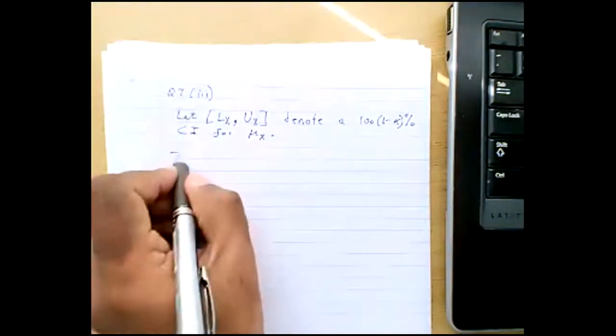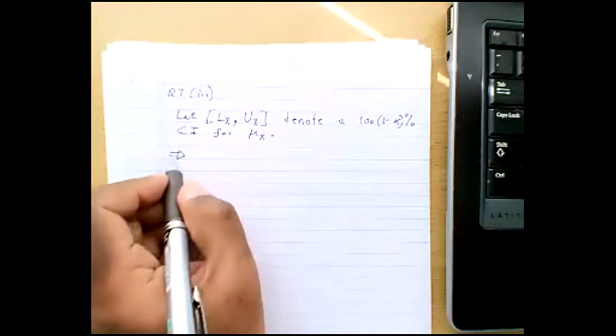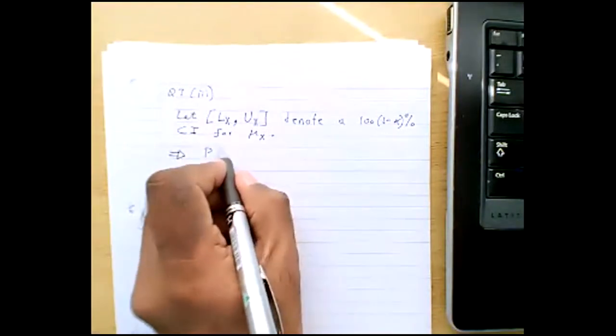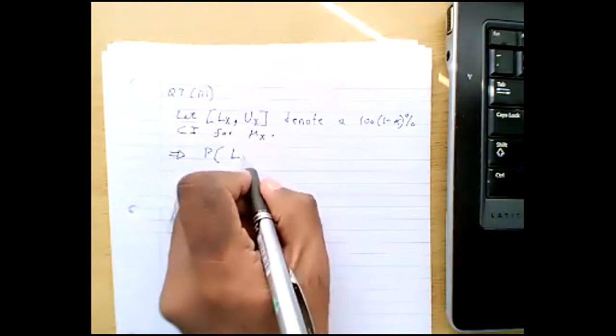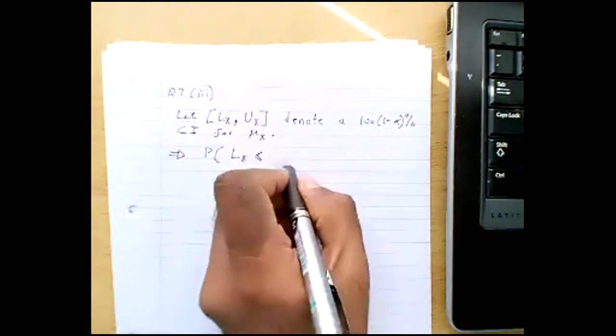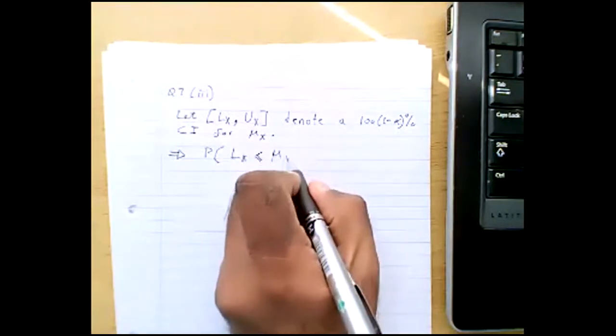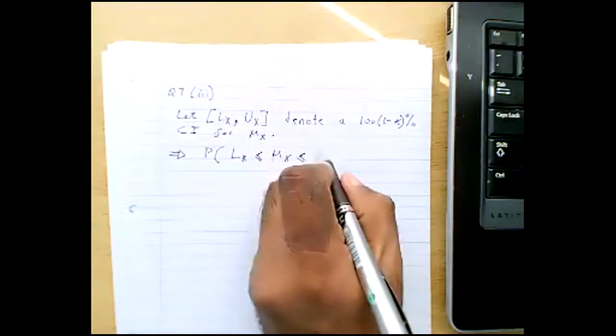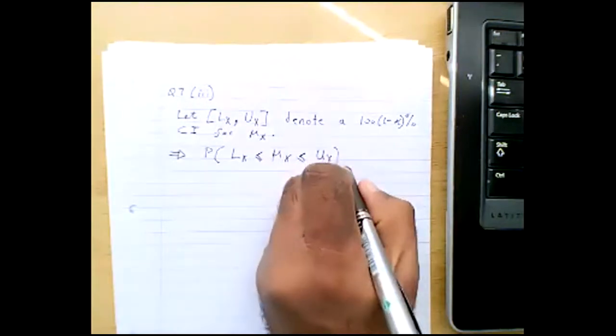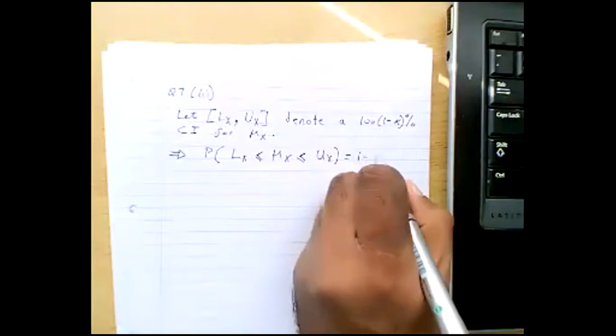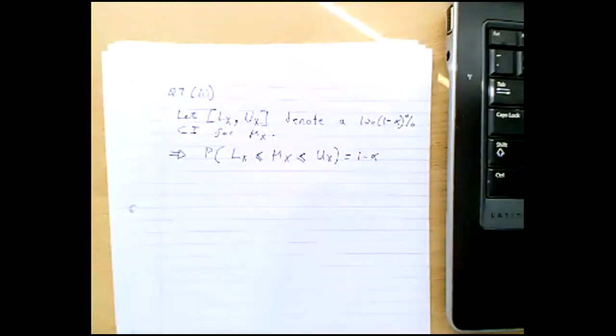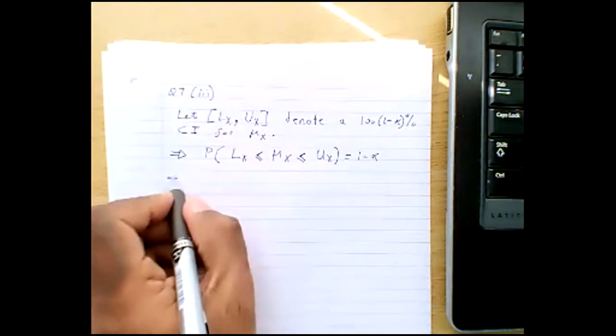Which means the following, that the probability that, right, is equal to 1 minus alpha, right?